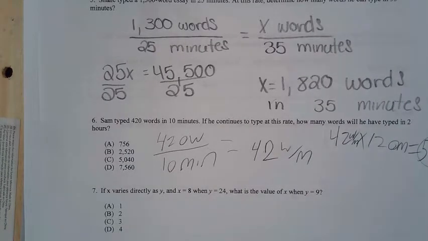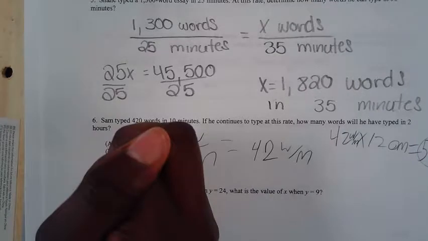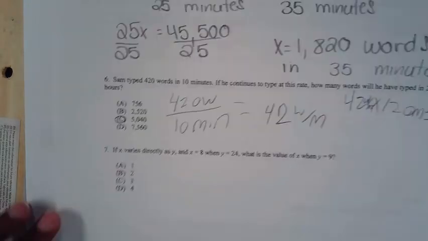So our final answer there is C. So can you circle C on number 6 when you go up there? That way we can see it up there. Circle. Perfect.